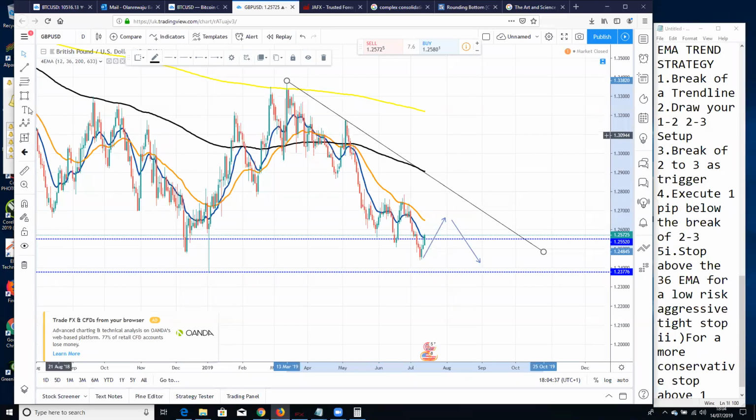Such that if price is going down like this, from here we went all the way down to there. We make this lower high, okay? We come all the way down to here. We make this lower low and make another lower high, and we come all the way down to here, and then we are now pushing up.